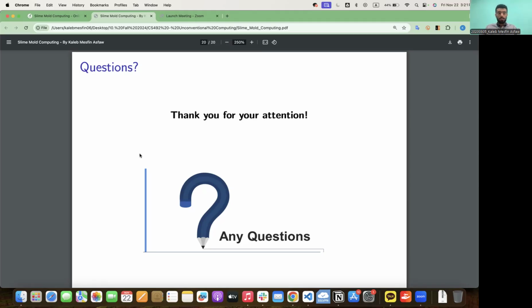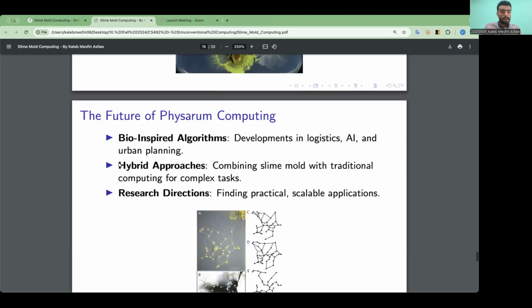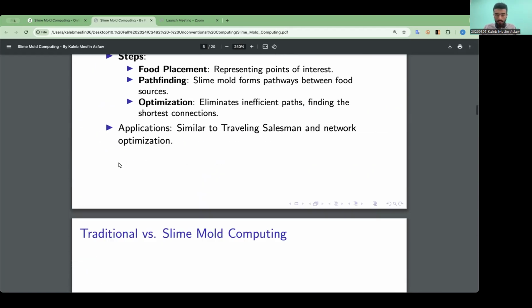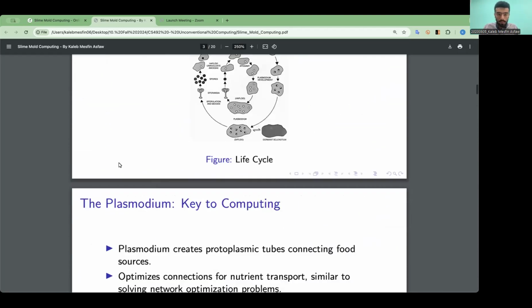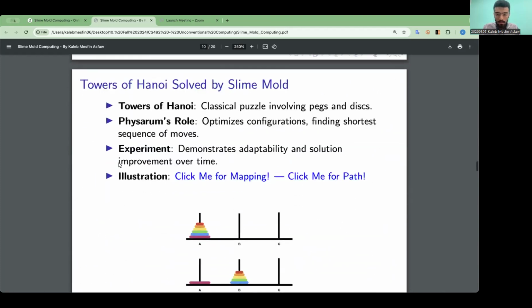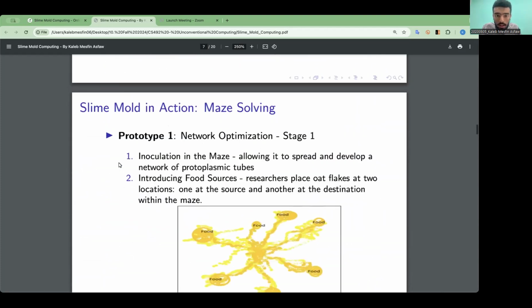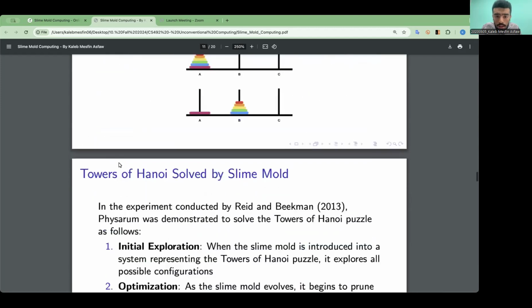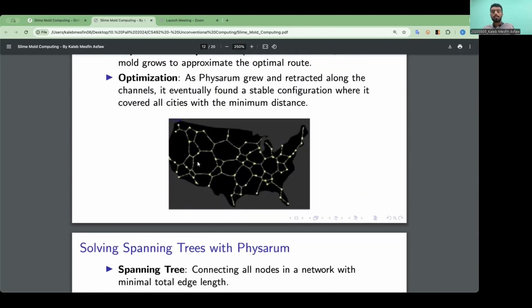So let me share my screen back again. As you can see the graph here, the stimuli of the slime mold are not arranged randomly.